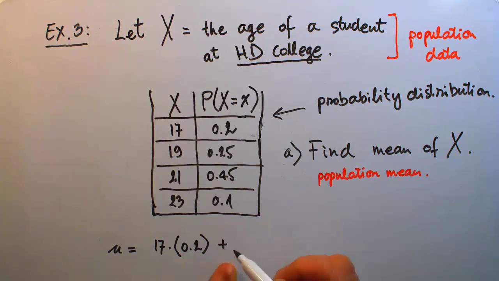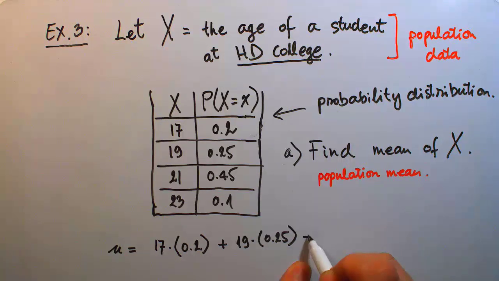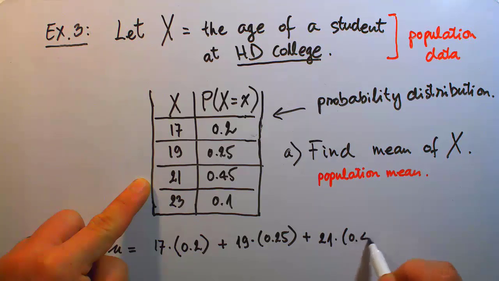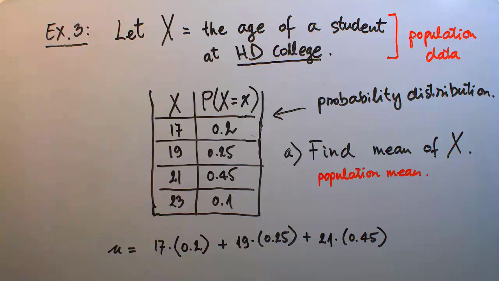Next we add the pair 19 as the value, multiplied by probability 0.25. The third pair is 21 as the distinct value with probability 0.45. And the last pair, 23 on the left hand side as the value, and on the right hand side the probability correspondingly being 0.1.